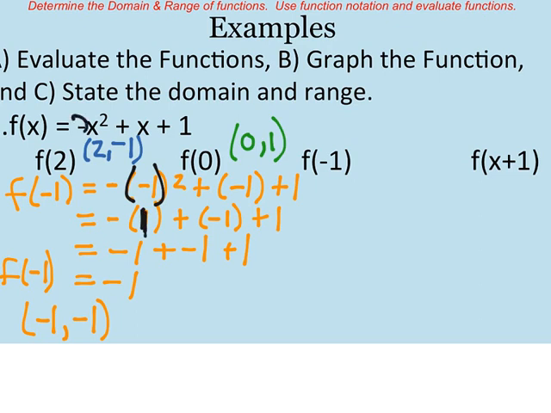But part of the original function is that there's a negative out front. And so a negative times this 1 will still give me a -1 for that first term. So I just want to clarify that order of operations. It gets a little nitpicky and a little confusing for some students, so I just wanted to point that out to you. Other than that, you're simplifying just like you have been all the other ones, and we have a third coordinate point at -1, -1.